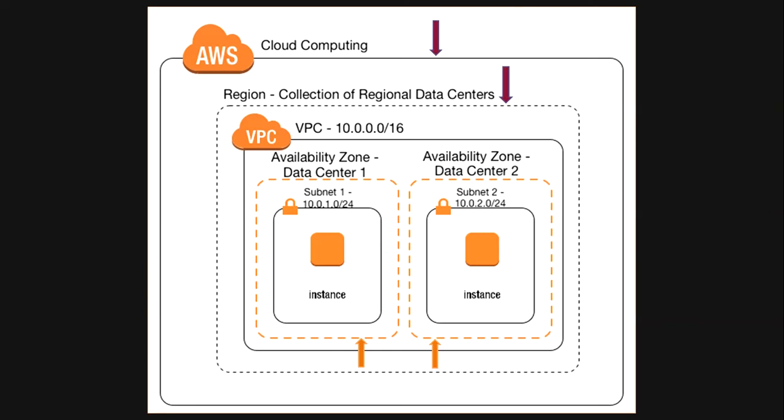Those dotted lines are marked here as availability zones, and every region will have a minimum of two availability zones or more. Some regions may have even six availability zones, and some regions only have two availability zones.